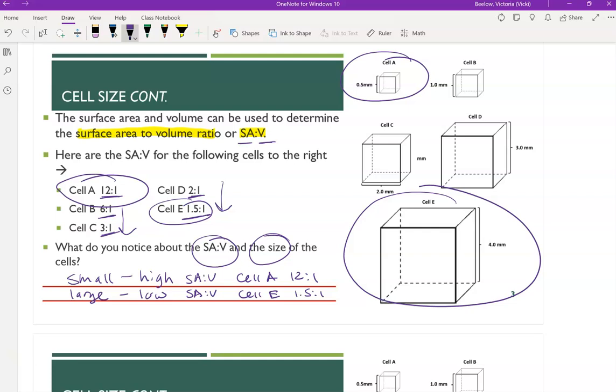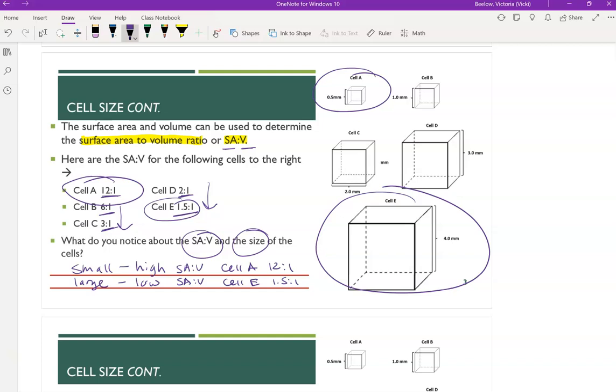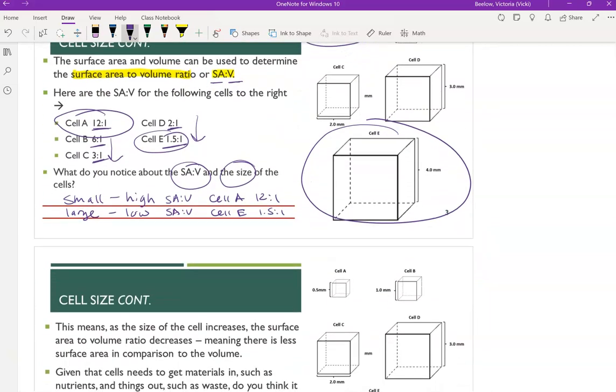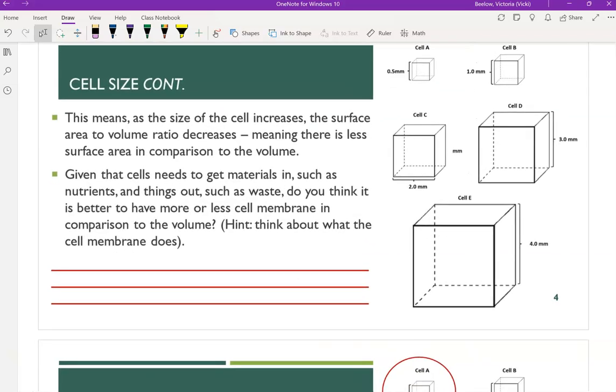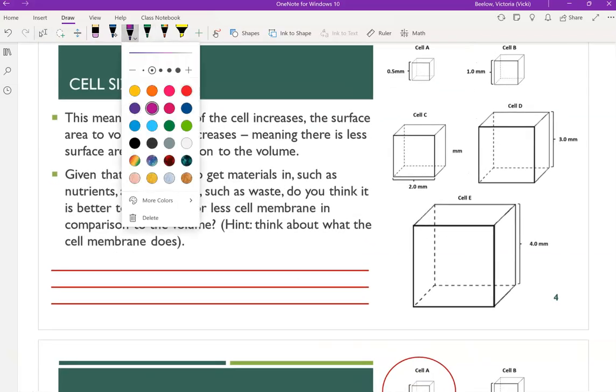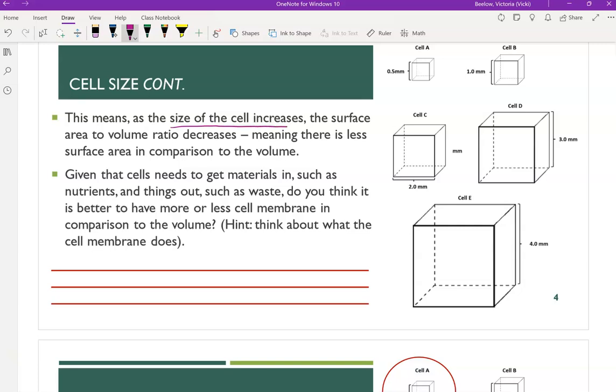Now, this is important for a cell because it's going to impact how efficient a cell can be moving things in and out of it. So this means as the size of the cell increases, the surface area to volume ratio decreases. This means there's less surface area in comparison to the volume.